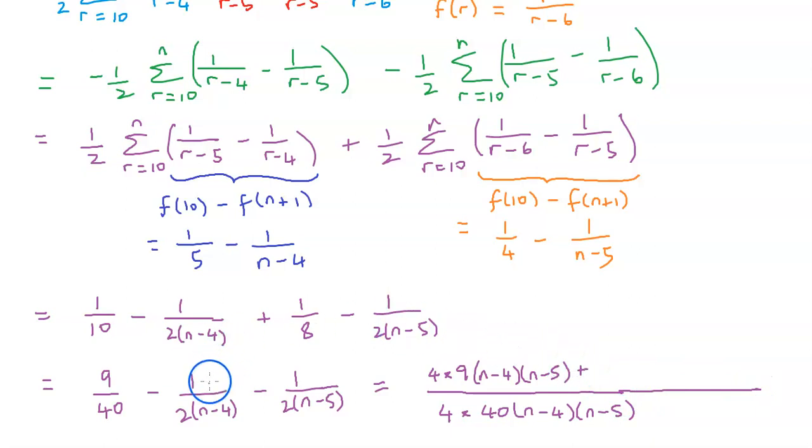Minus, and then it's going to be 1 times 40 times 2 times n minus 5. So just 80 times n minus 5. And then the last one is going to be minus 80 times n minus 4.